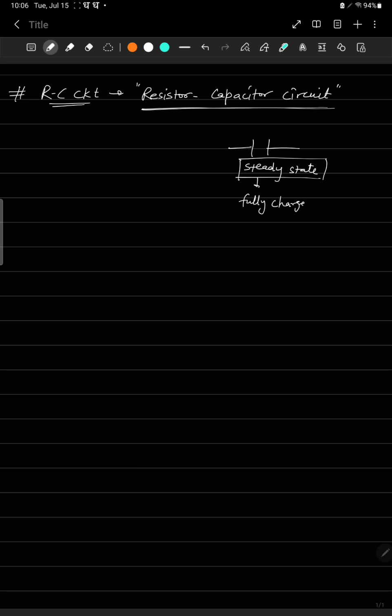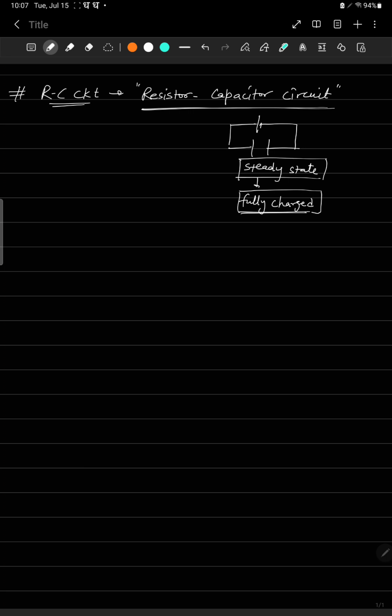When it's connected with the battery and fully charged, the capacitor has stored charge up to its maximum capacity, so it cannot store more charge within it.